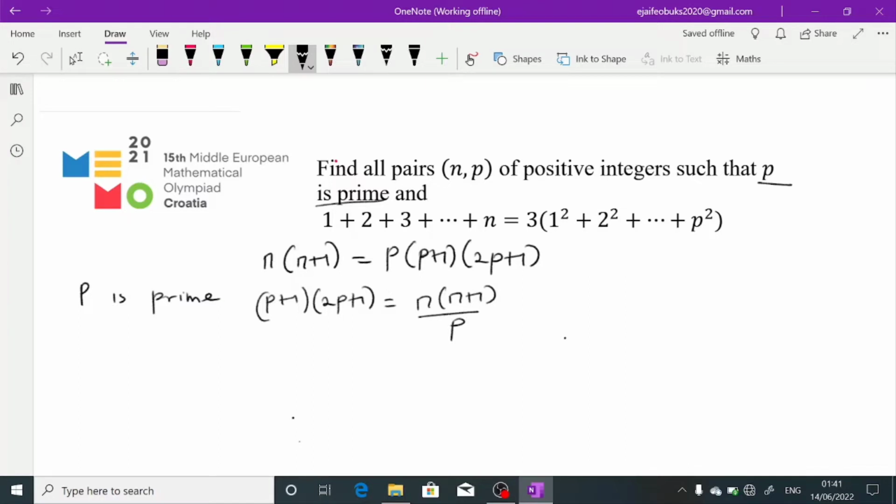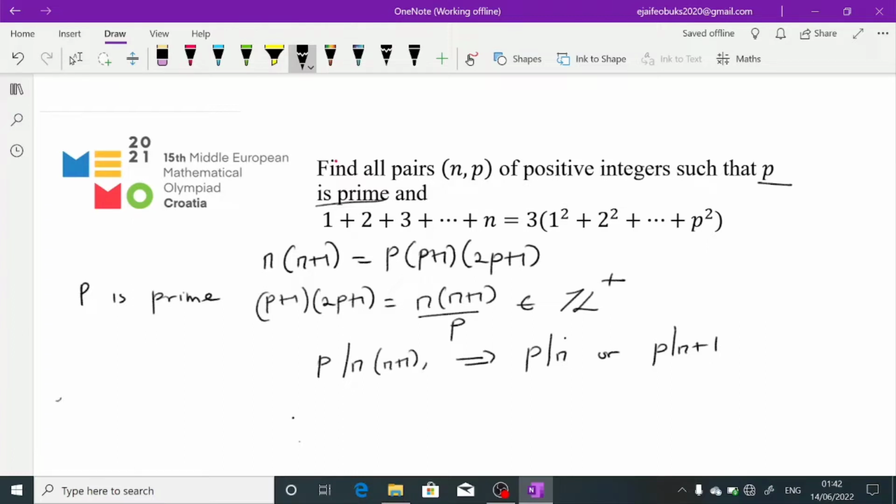Since this is a positive integer, it means p divides n(n plus 1). Then since p is prime, either p divides n or p divides n plus 1. We have either of these holding. If you're observant, you notice that we'll have two cases to consider now.